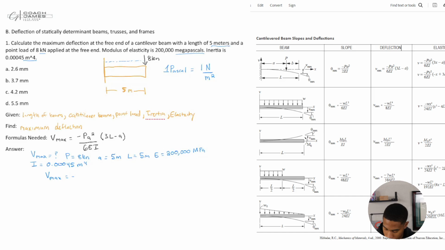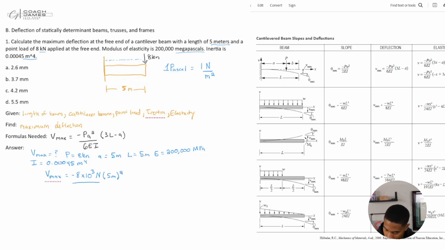So this is going to be minus 8 times 10 to the third. Why did I say times 10 to the third? Well, I have 8 kilonewtons and I need it in newtons. So 10 to the third newtons times my 5 meters. I'm going to square it, right? All divided by 6. Don't forget that 6 times E.